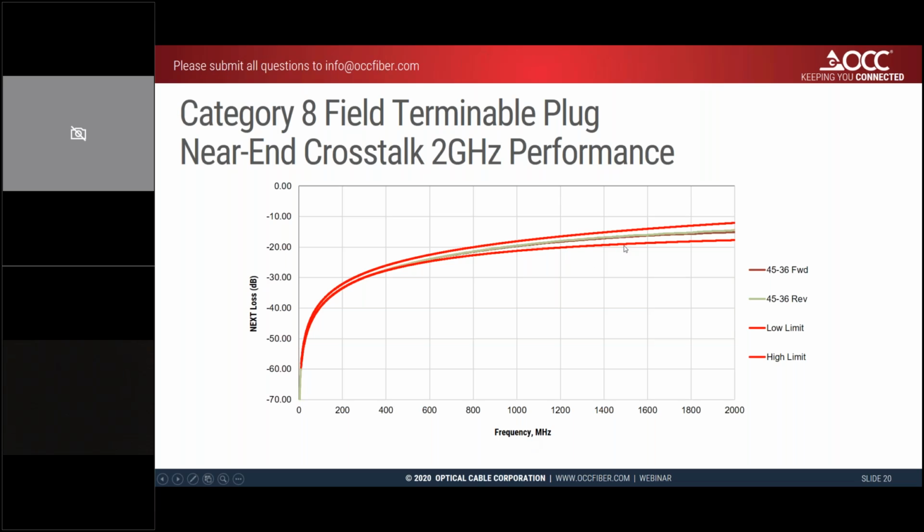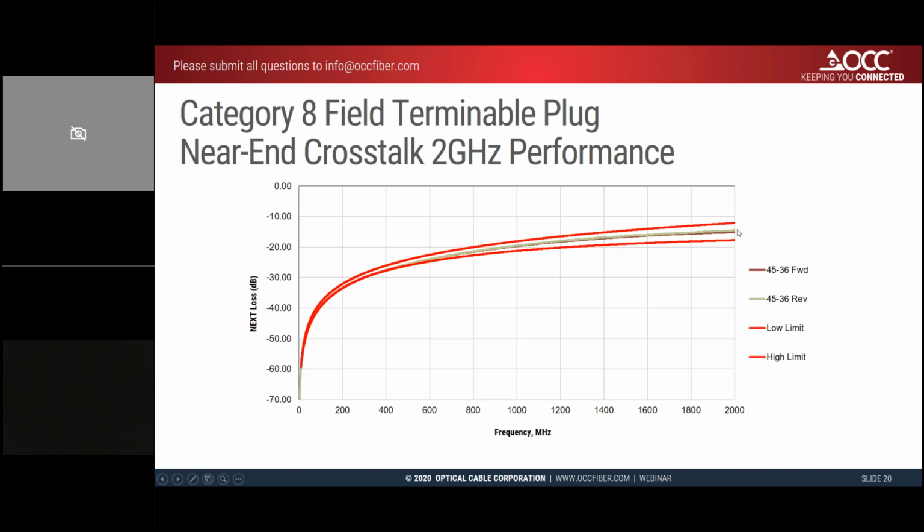So I wanted to show you a graph of the performance of this plug, and I actually had a couple of reasons to show you this. One is, if you look here, you'll notice that there is a high and a low limit for plug performance. And this is one reason why it's really not recommended for a layman to terminate a patch cord plug. You really need to make the plug's performance hit right in the middle of these lines.